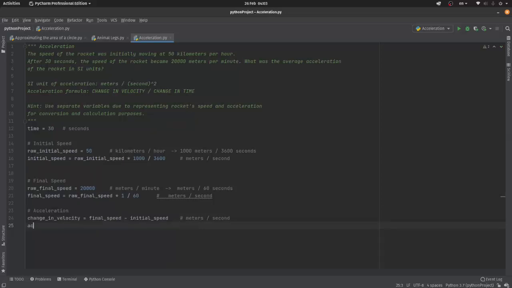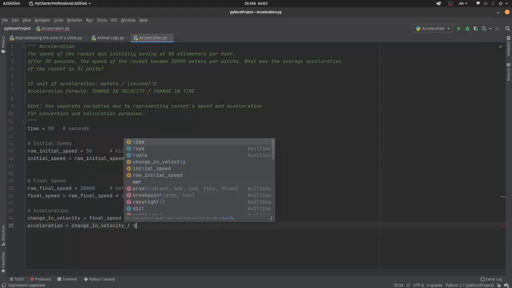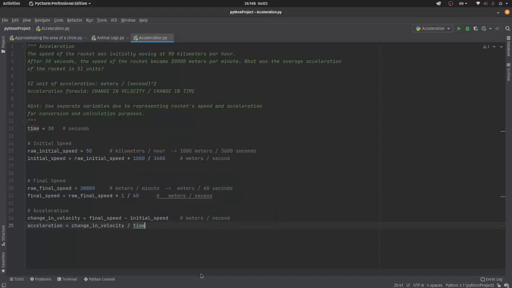To find the acceleration, we create a straightforward variable named acceleration. The formula for acceleration is given here: change in velocity divided by the time. And there we go. Because everything is in SI units, the resulting value is also in SI units, which is meters per second squared.